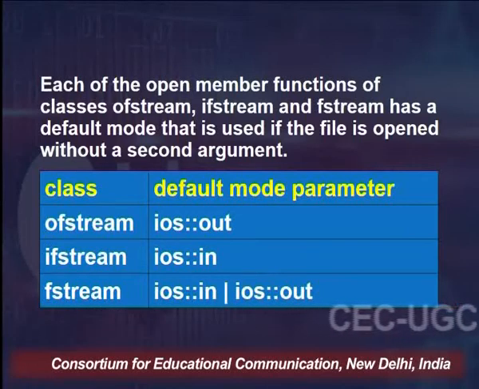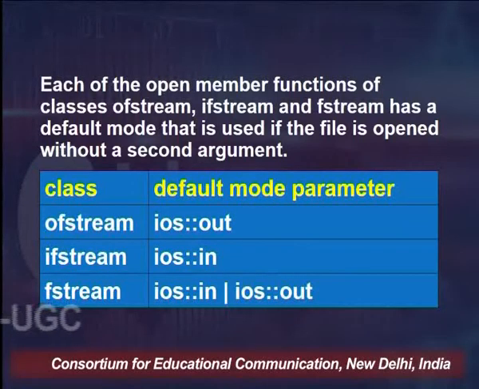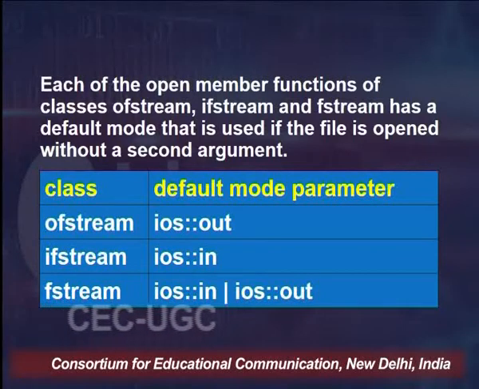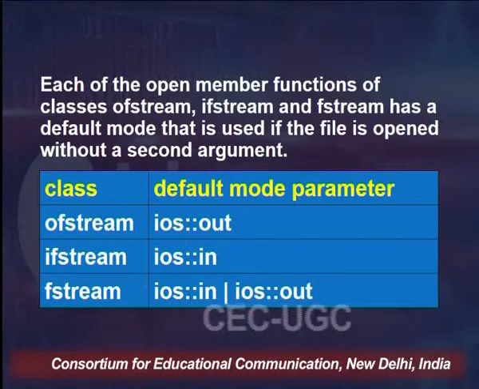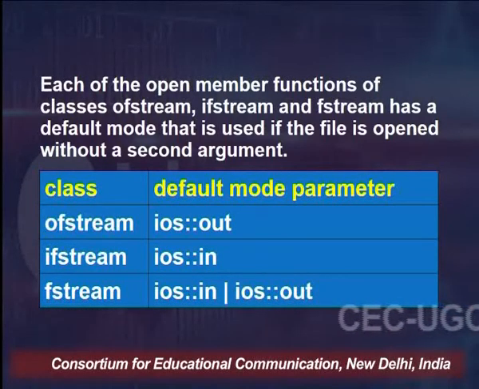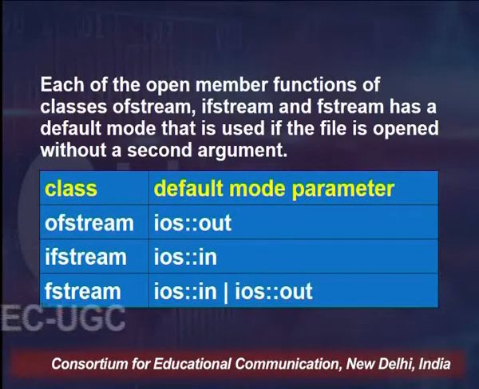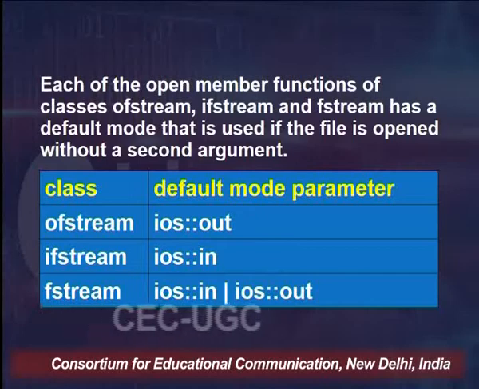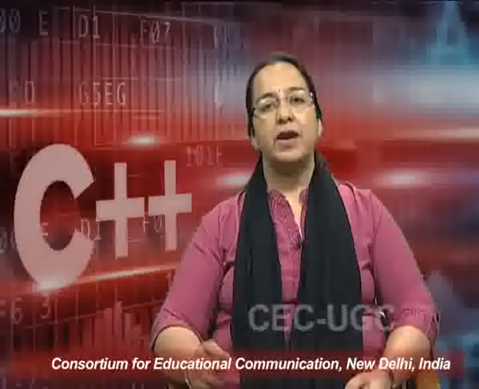That default mode is used if the file is opened without a second argument, as we did in our first program. In the second program I specified the name of the file as well as the mode parameter. But if the mode parameter is not mentioned, there is a default.